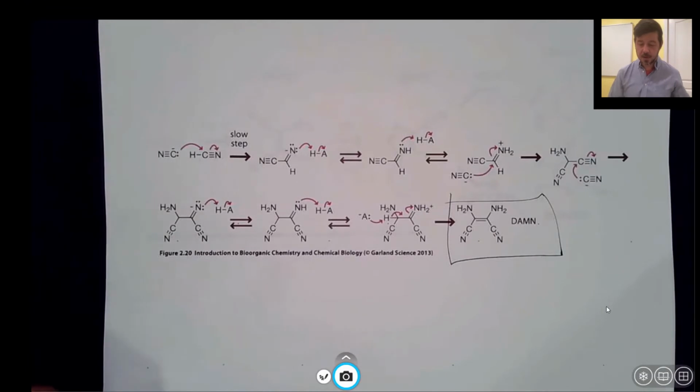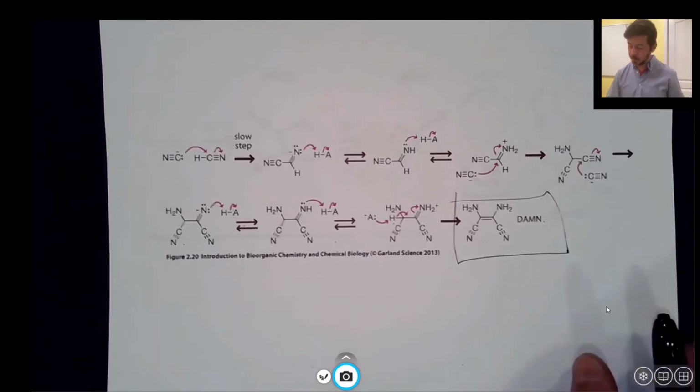All right, so why are we talking about this DAM molecule so much?